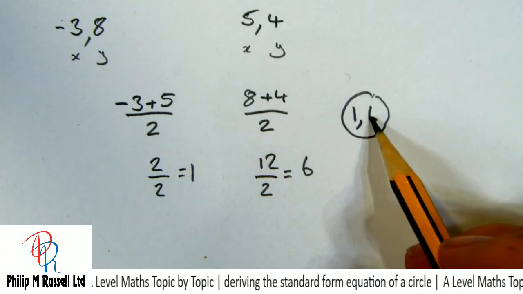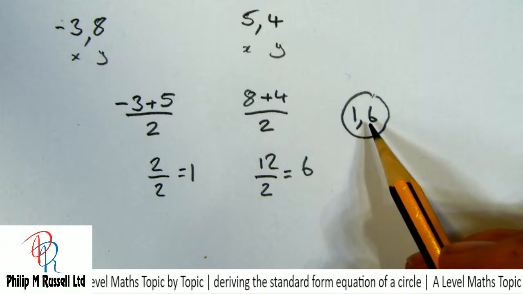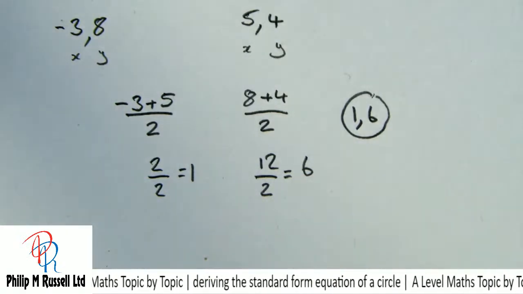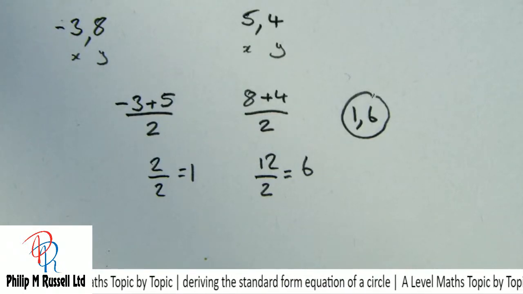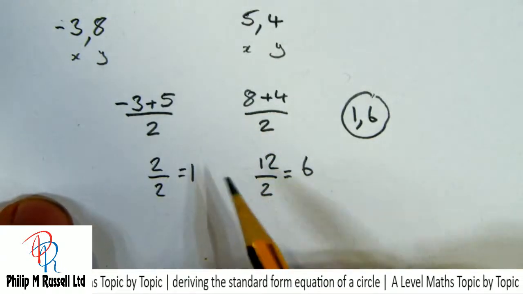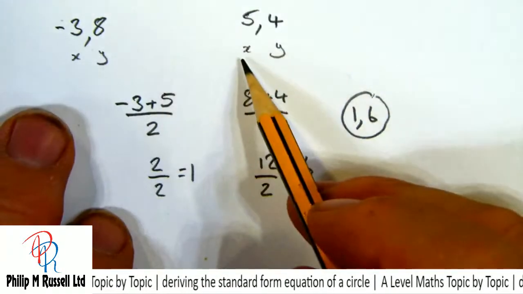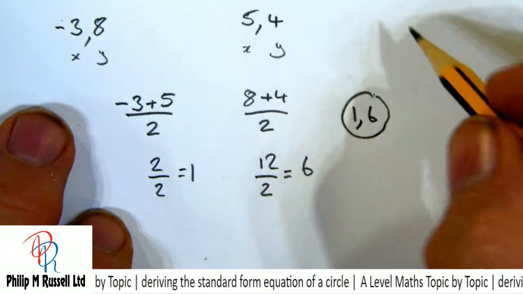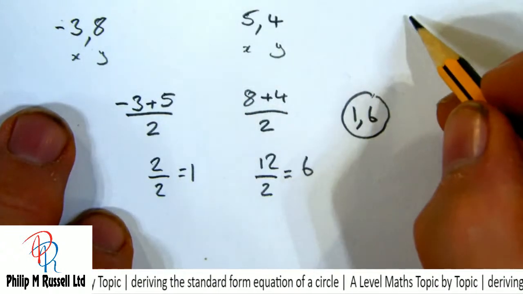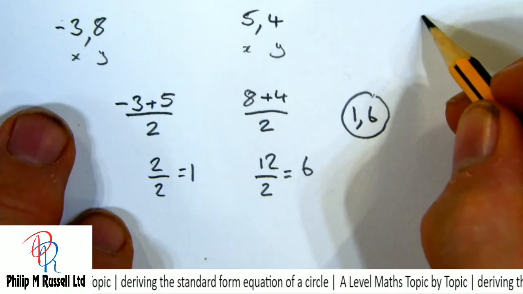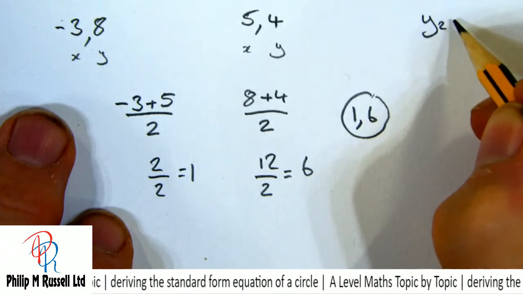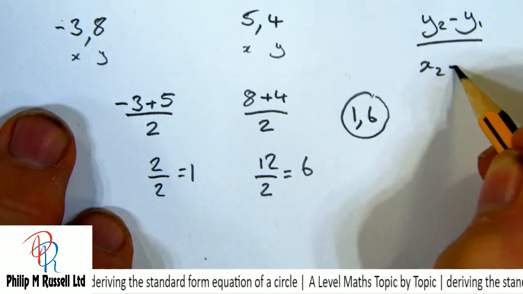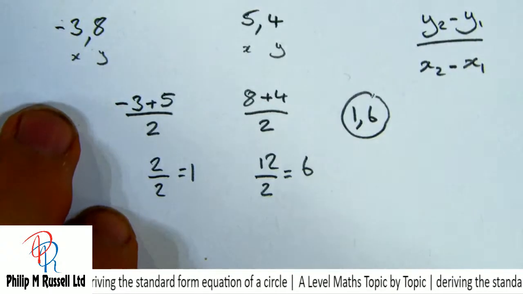What can we do once we've got our midpoint? Well, we can work out the equation of this line that we've originally got with these coordinates, and if we've got these coordinates, then we can work out our gradient, which is going to be y2 minus y1 over x2 minus x1.